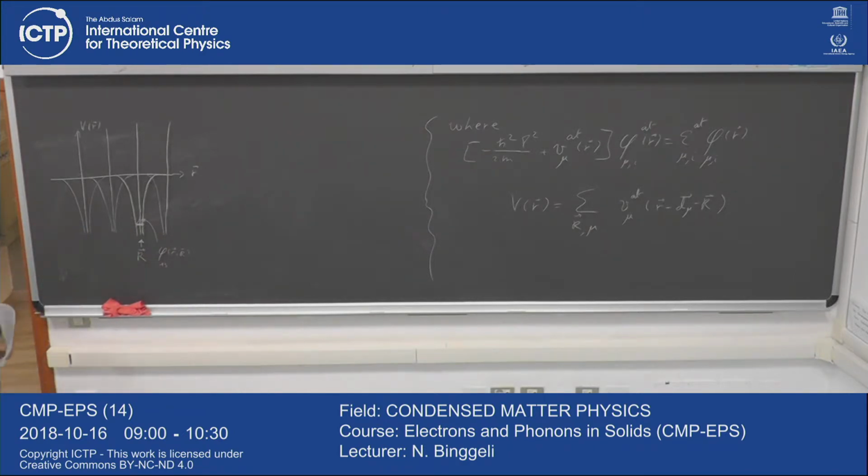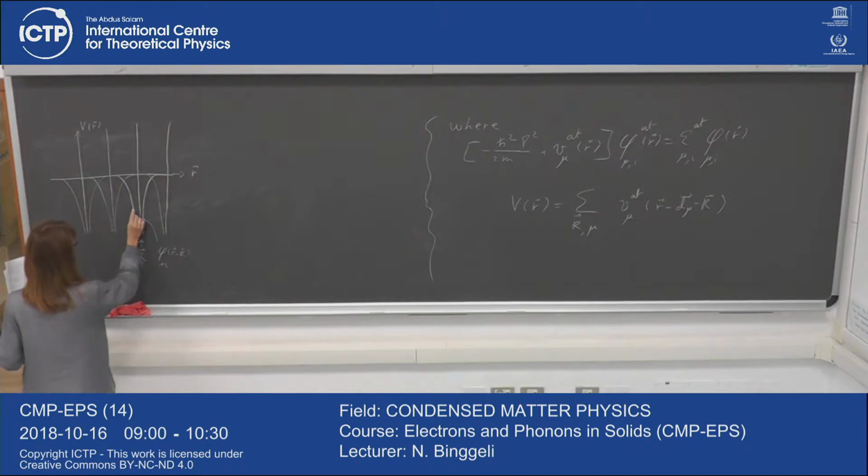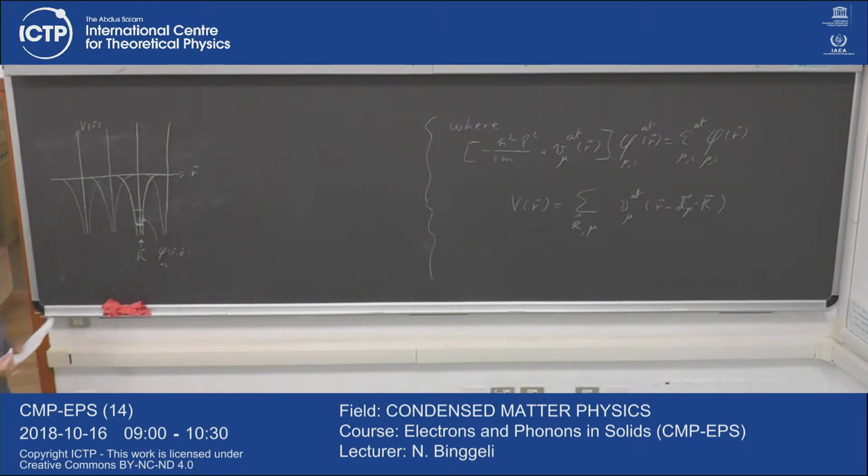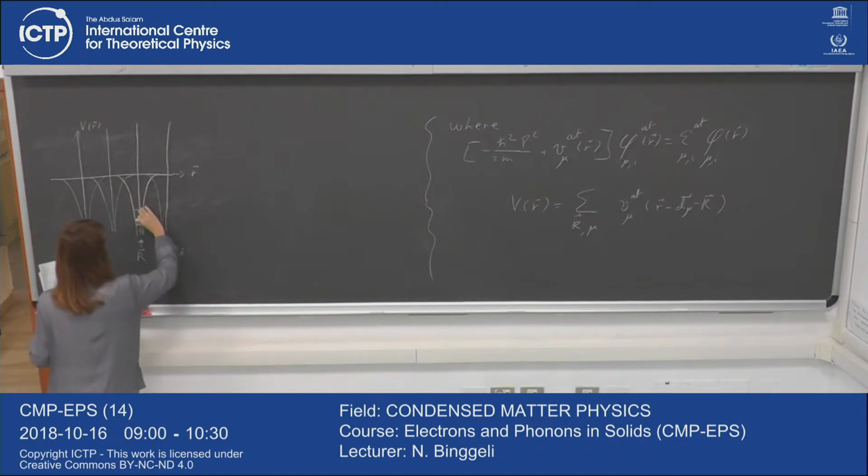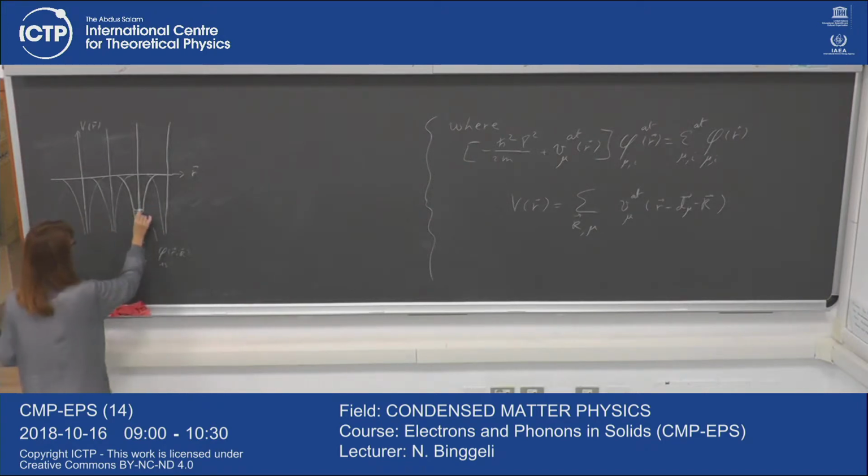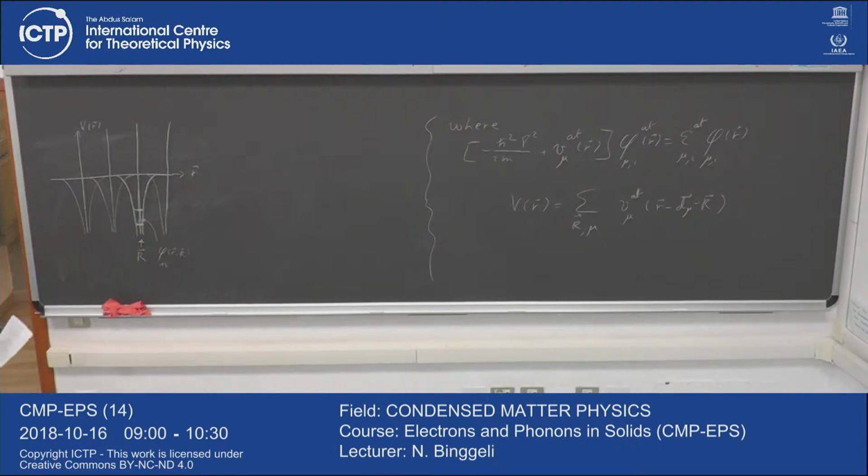So this is my 1s state, and I will have some n equal 2 states. I will have the 2s and the 2p state, px, py, and pz. So my potential here shall be symmetric. So this is the energy level of the n equal 2 states.